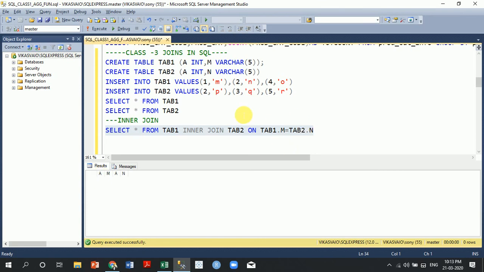So I'm writing A over here again so that the condition is satisfied. Let's run it and see the result.